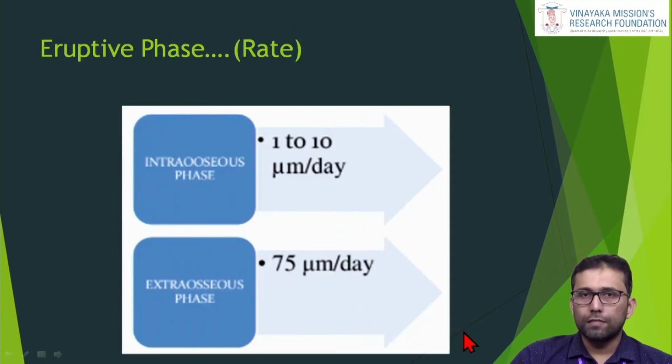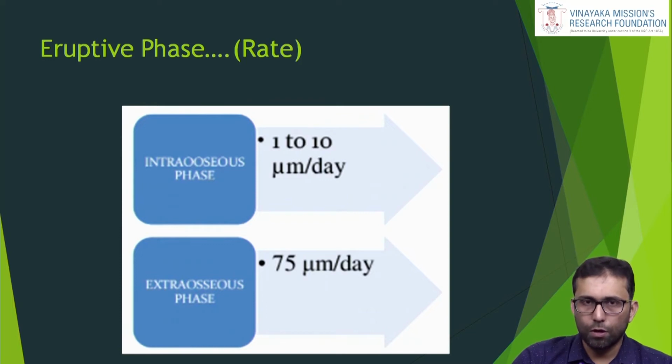Now in the eruptive phase, there is one more thing that you need to note. Based on the stages, there is a rate of eruption. As is normal, within the bone the eruption will be slower, whereas in the oral cavity or extra-osseous, that is in the gingival phase, it will be faster.